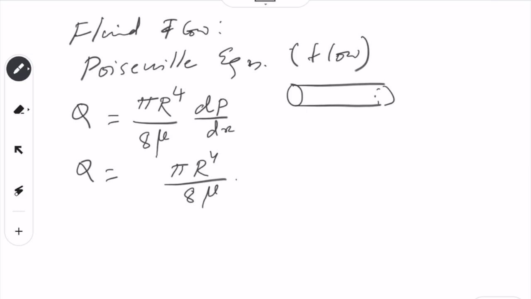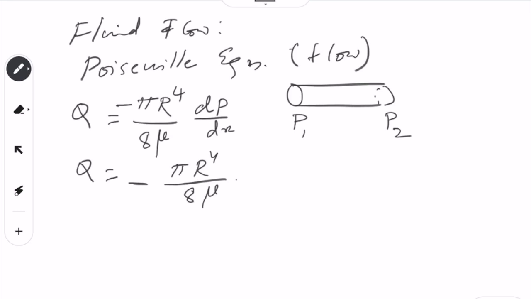In fact you write a minus sign here, because fluid will flow from higher pressure to lower pressure. So let's say the pressure here is P1 and this is P2, and a similar kind of derivation can be done.